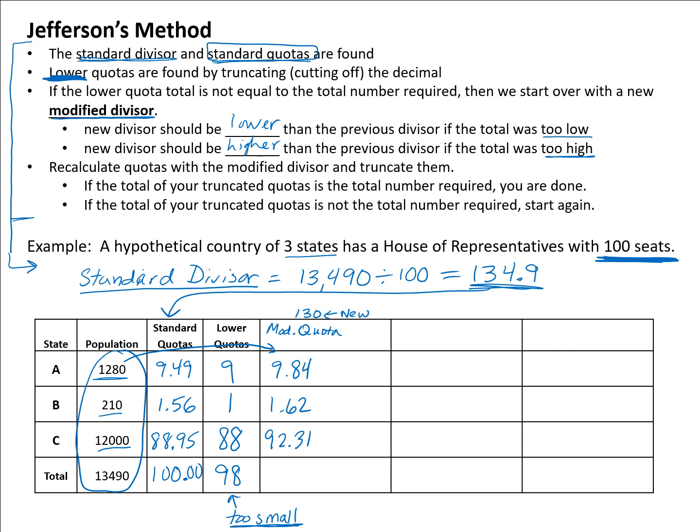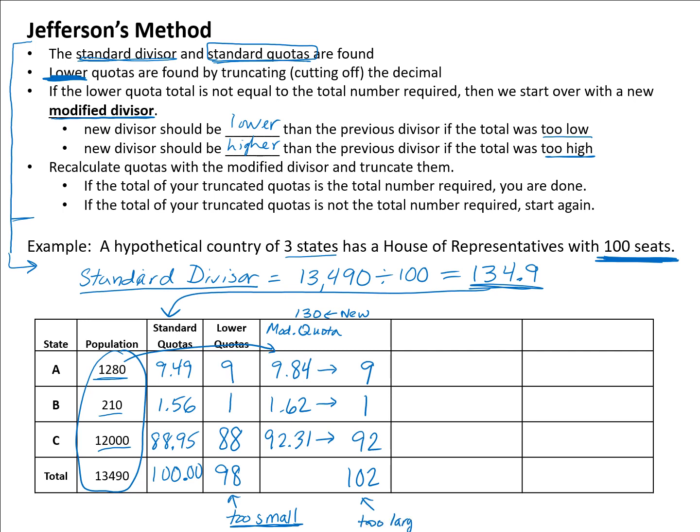And remember the idea, once we get the modified quota, the way Jefferson's method says to take care of the decimal is you just cut it off. So then my whole numbers would be 9, 1, and 92. Now if we add those up, we get 102. So that's too large.